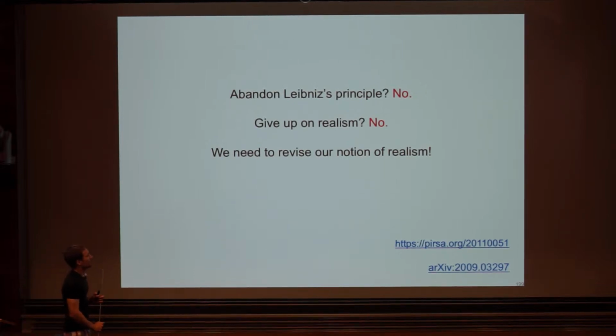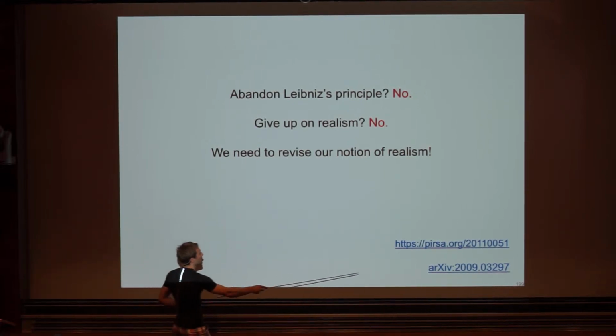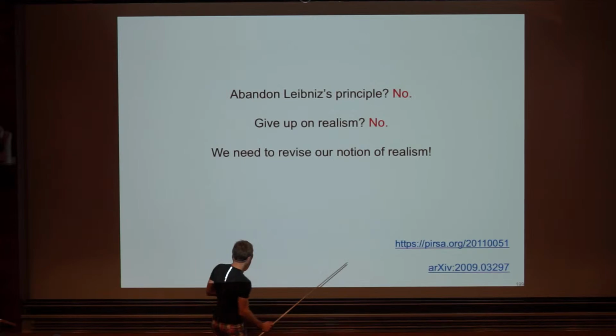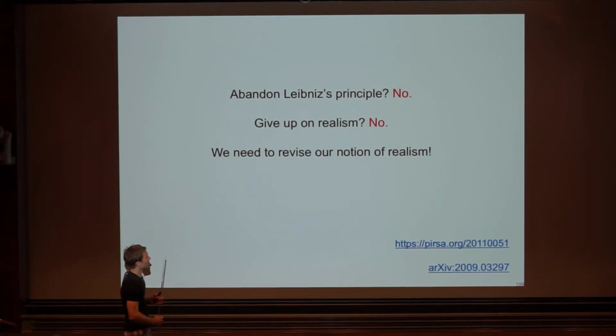So what we propose in this talk and this paper is we should try to hold on to something like the ontological models framework, but modify it in some way. So we need to keep on searching for realist explanations, but we have to revise them a little bit in such a way that we can hold on to Leibniz's principle, and in such a way that we can hold on to locality. Because you could ask the same questions for Bell's theorem, right?